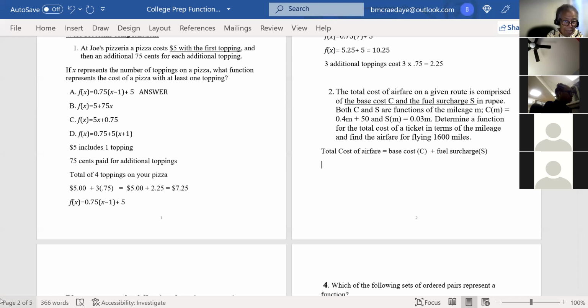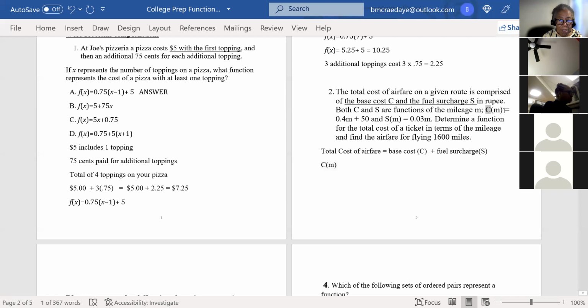That's C, and they're all a function of what? Miles, where M is miles. So C of M, they give you that in the problem.